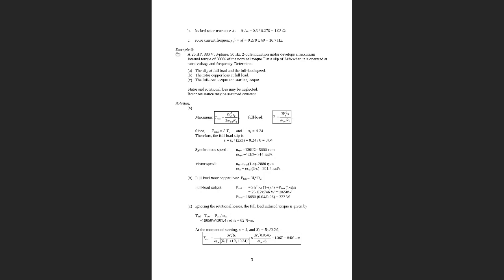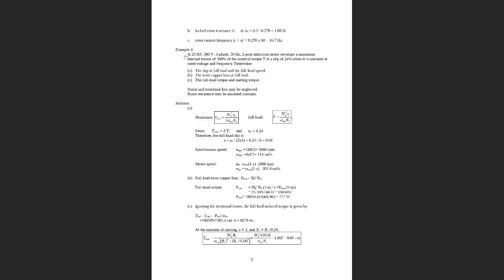Let's look at example 6, and in your mind we should have the concept of the equivalent circuit. We also draw a chart to understand the relationship between the starting torque, maximum torque, and full load torque, as well as the internal parameters R1, R2, X2, and so on.